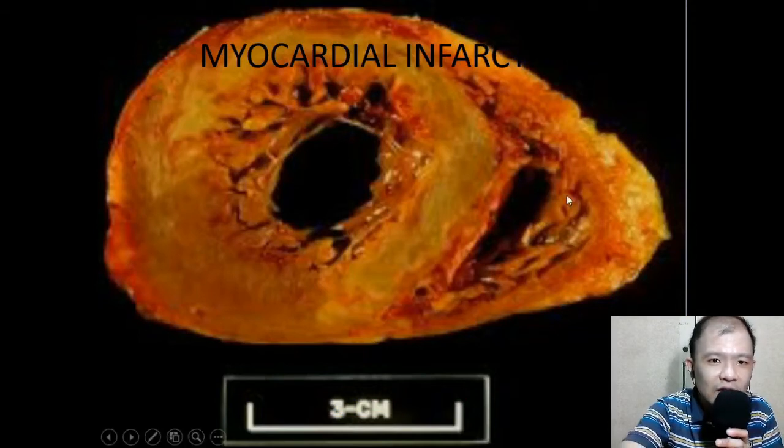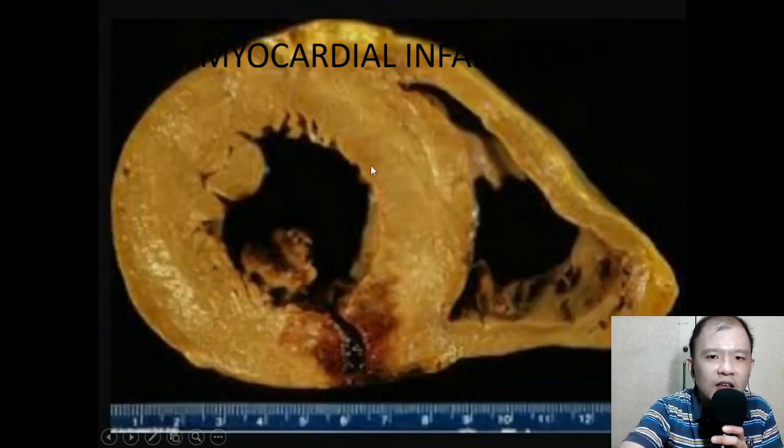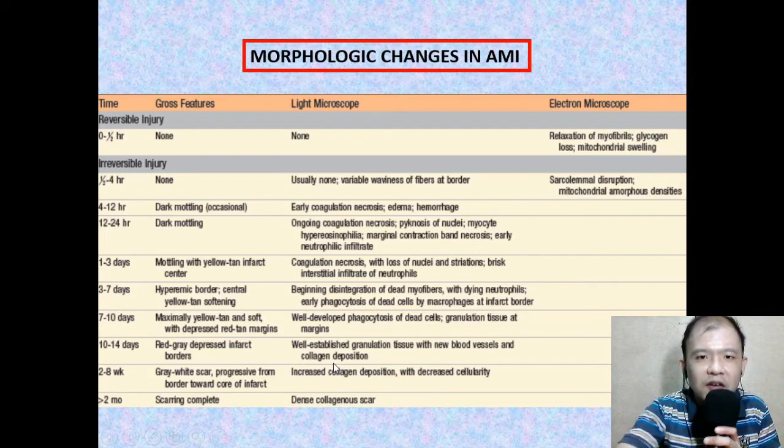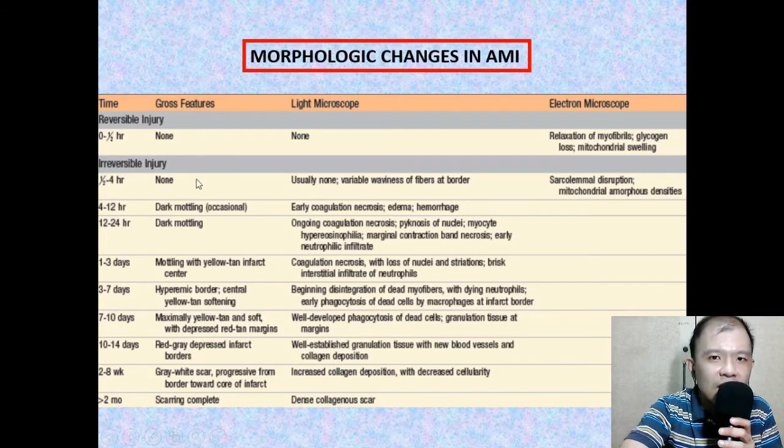Okay, so here is another cross-section of an infarcted area. Next, we are lucky enough to see a thrombus occluding a vessel in the cross-section. And these are the morphologic changes as well as the stages in acute myocardial infarction. So please study.